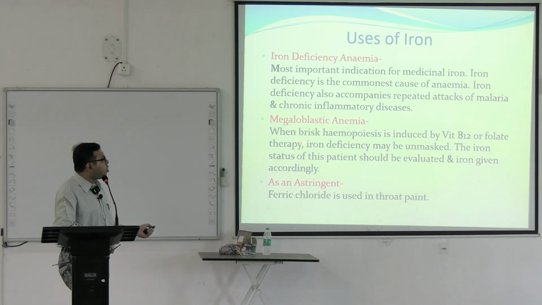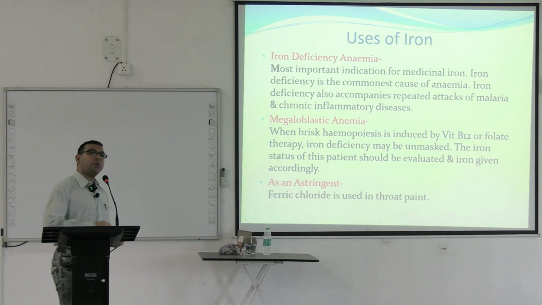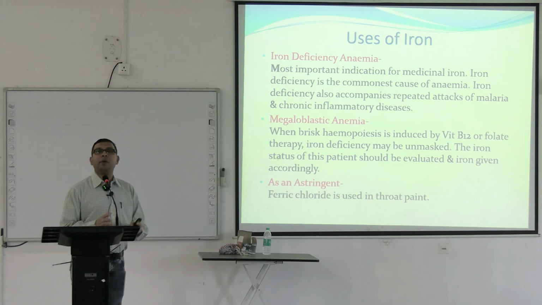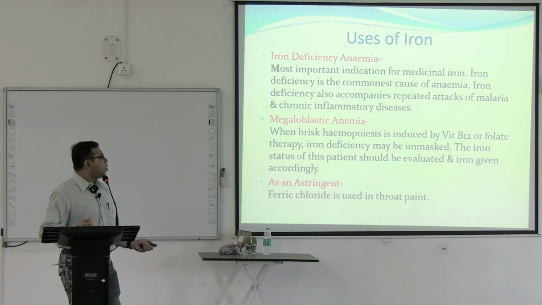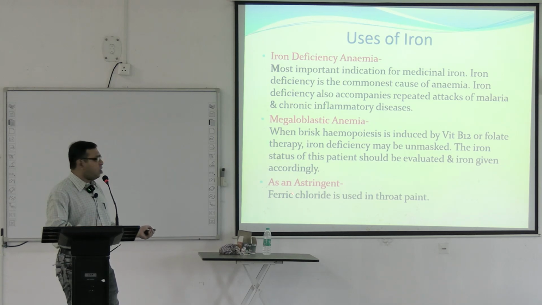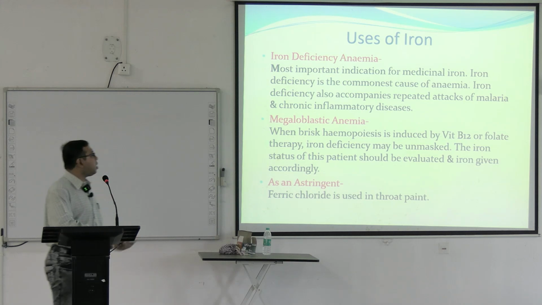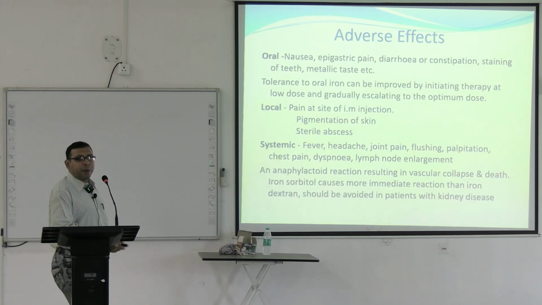In megaloblastic anemia, brisk hematopoiesis is induced by vitamin B12, and iron is needed. Iron deficiency may be unmasked. In most cases iron deficiency anemia and megaloblastic anemia coincide, so we have to give iron in these cases also. And as an astringent, in some cases ferric chloride is used for throat pain, or when some operation is needed.